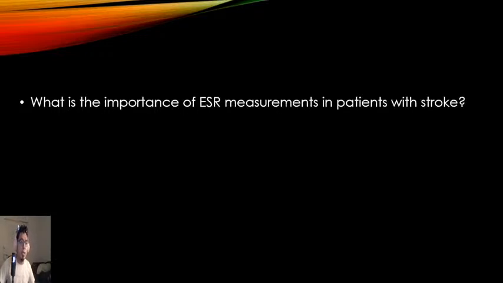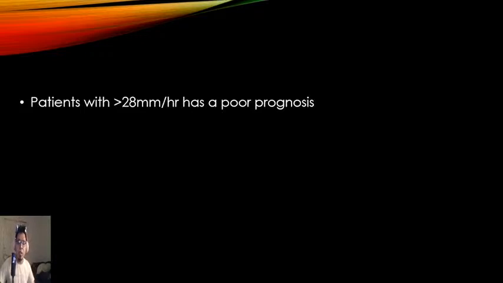Okay, stroke patients. What do I mean by poor prognosis? You will keep on hearing the word prognosis several times. A diagnosis is basically identifying the disease. A prognosis is understanding the outcome of the disease, whether a patient will survive. You would often hear it when people are talking about cancer prognosis. What's the prognosis for this patient?